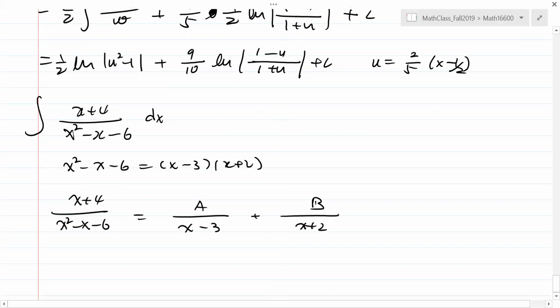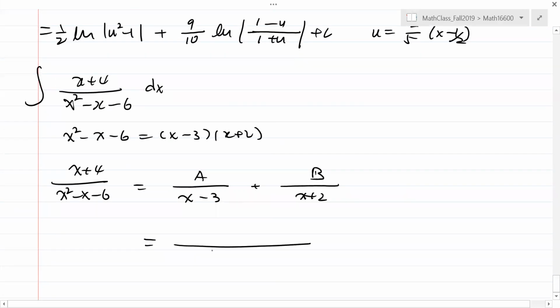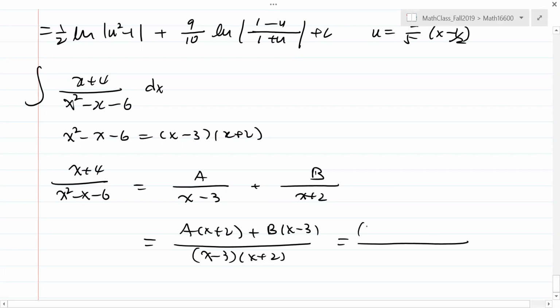All right, so how to do that? You combine them again. I get a times x plus 2 plus b times x minus 3. I put them together, I get a plus b times x, and here's 2a minus 3b.